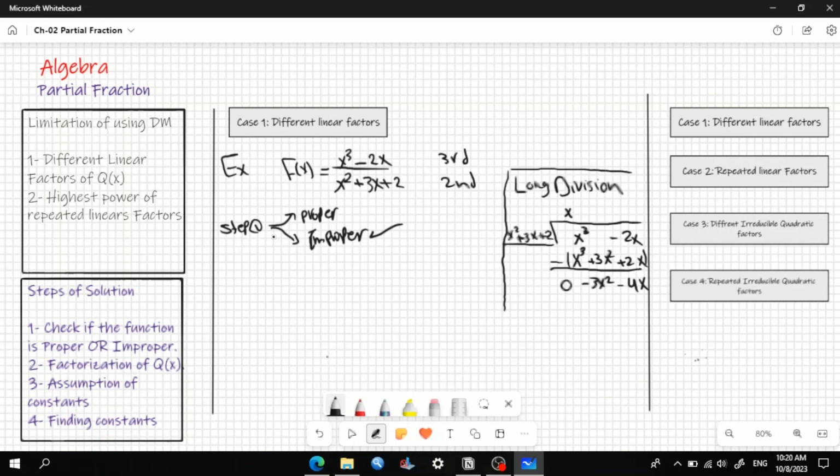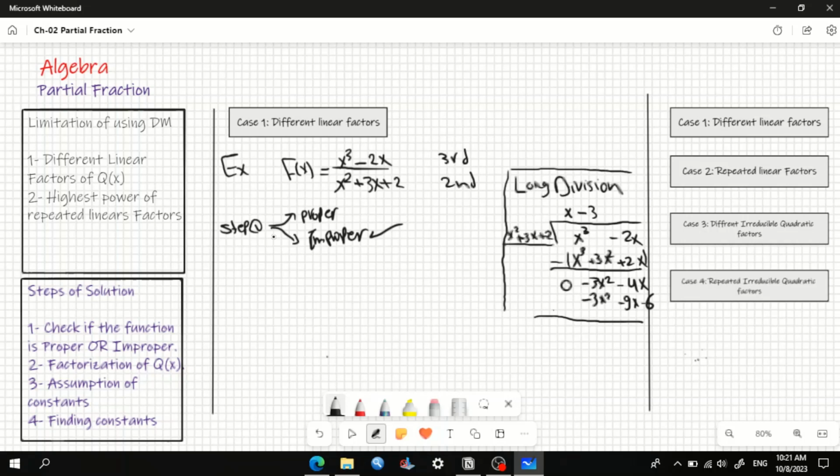Here we have second degree and second degree again, so we continue the long division. If I divide negative 3x squared by x squared, the result is negative 3, and multiplying negative 3 by the divisor gives negative 3x squared minus 9x minus 6.